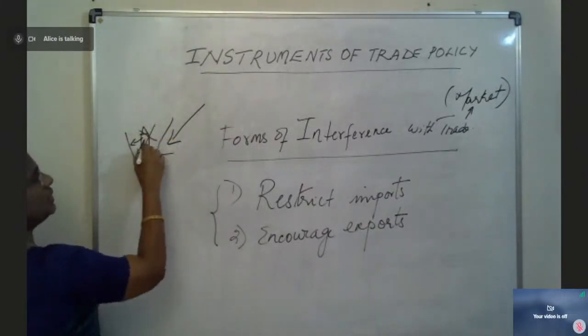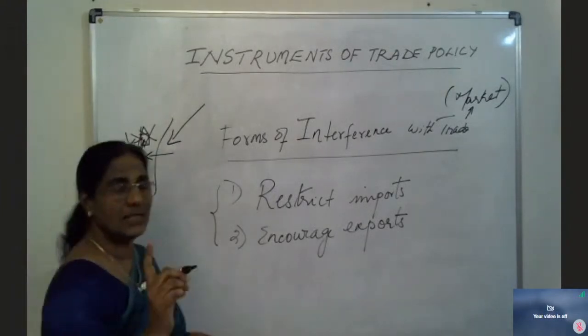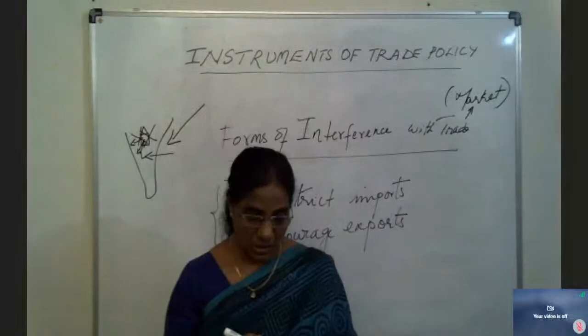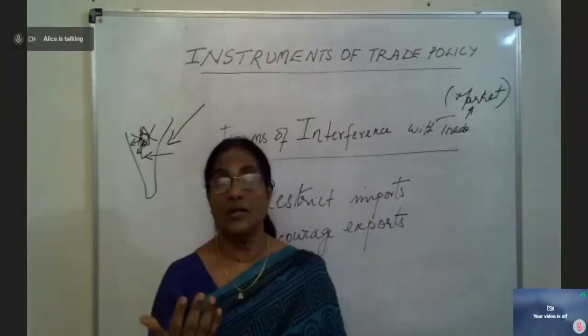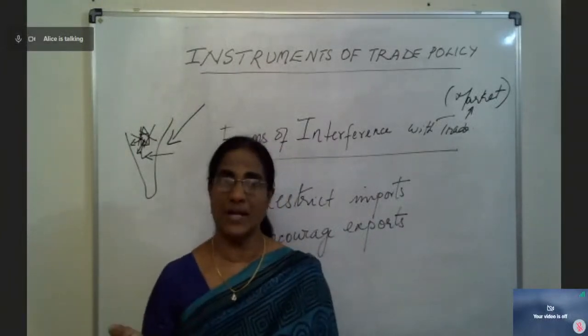And finally, they will not be able to survive. Such a system should not come, because if domestic industries are not developing, domestic employment, domestic output, use of domestic resources, all these will not take place.